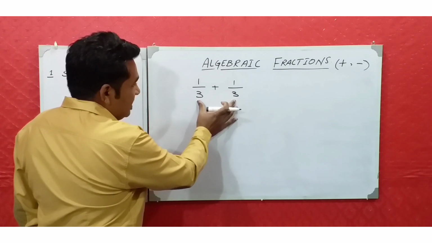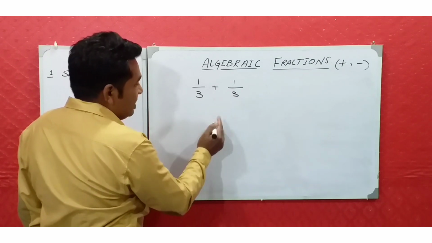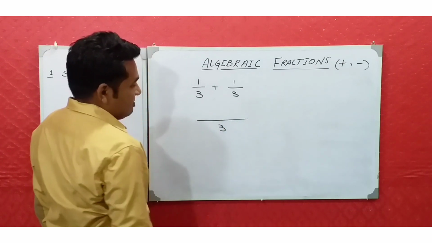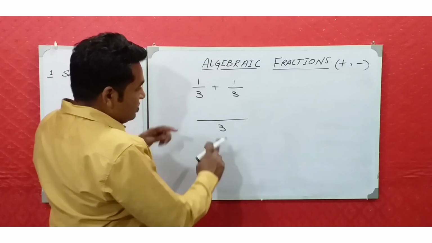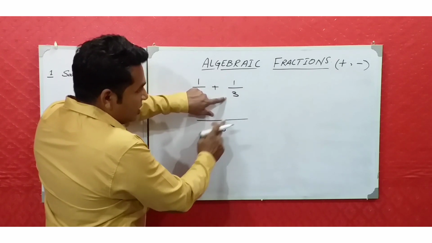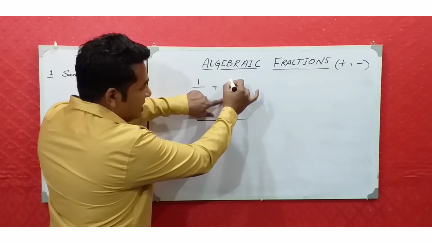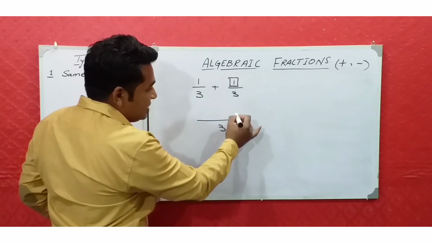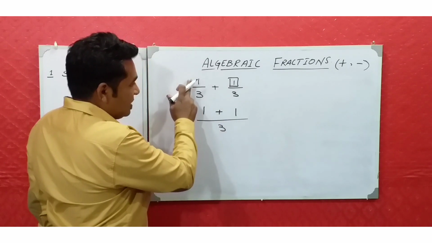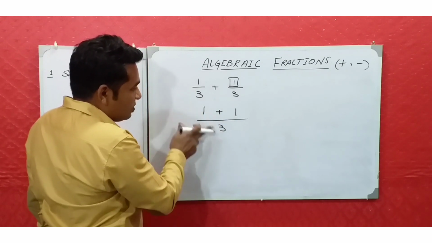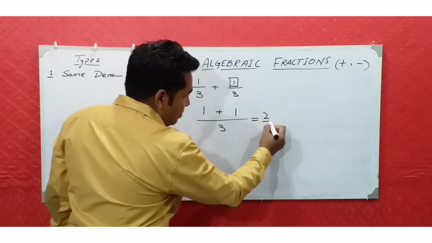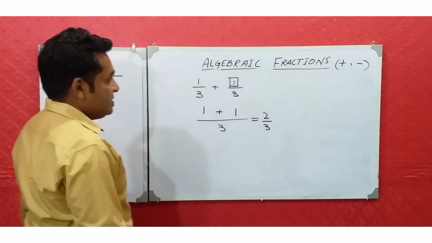When the denominator is the same, that same denominator becomes the LCM. The denominator and LCM are the same, so the numerators don't change: 1 plus 1 is equal to 2 over 3. That's the answer.